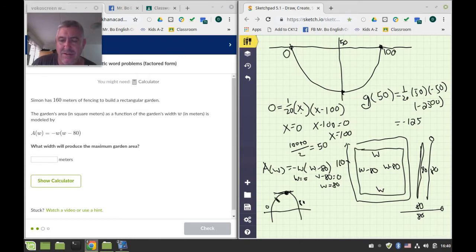So somewhere in the middle, directly in the middle, I want to know where this axis of symmetry is. 80 plus 0 divided by 2 is equal to 40. So the axis of symmetry is at 40, and where is the vertex? So let's plug in and get the area for 40, which is equal to negative 40 times 40 minus 80.